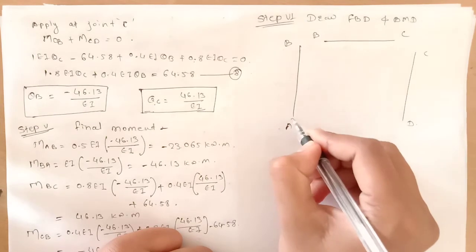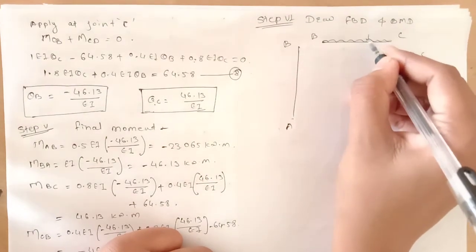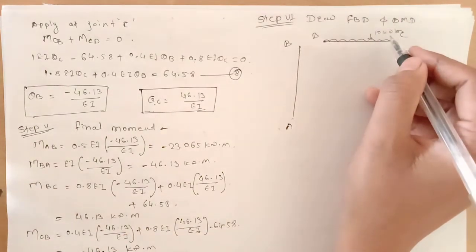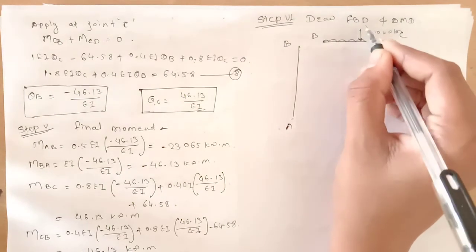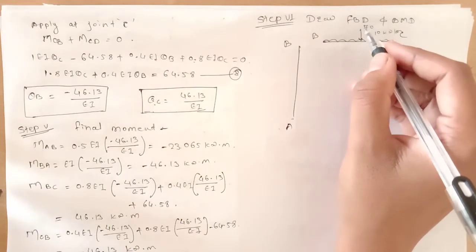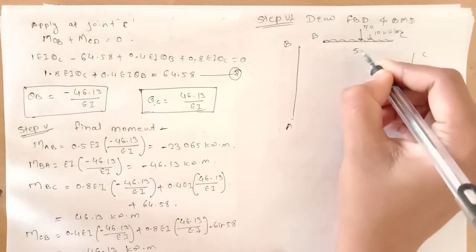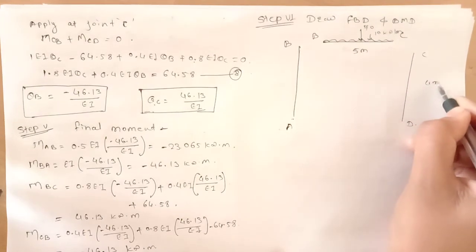Over this BC member, a 10 kilonewton per meter UDL acts, and a 70 kilonewton point load acts. Total span is 5 meter and the AB and CD span is 4 meter.